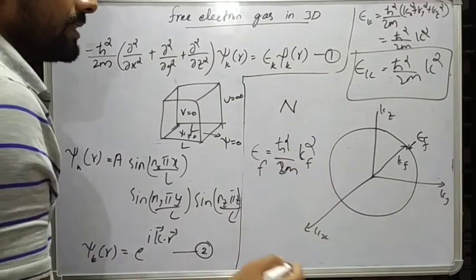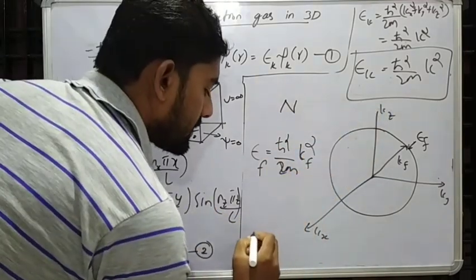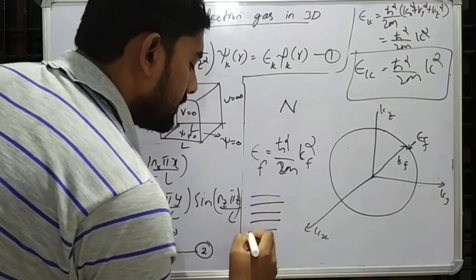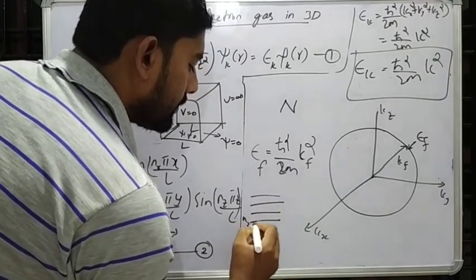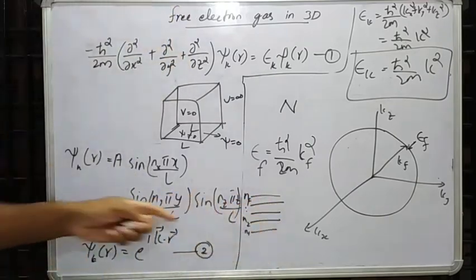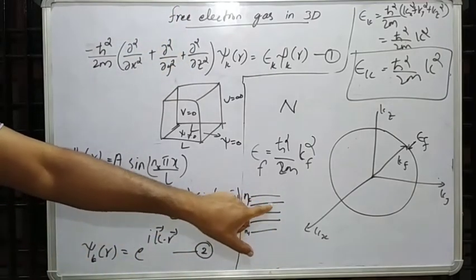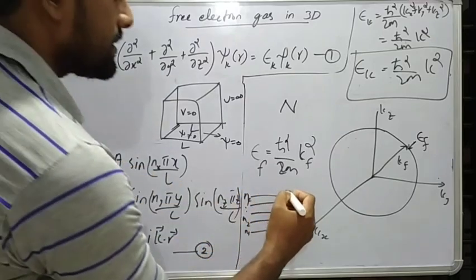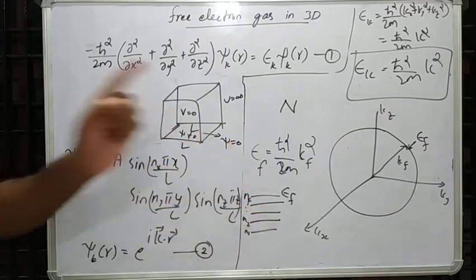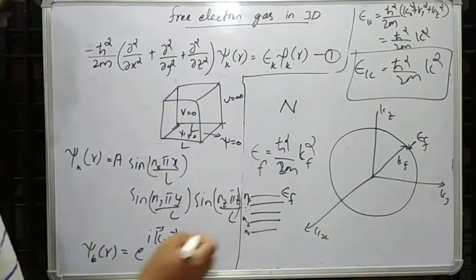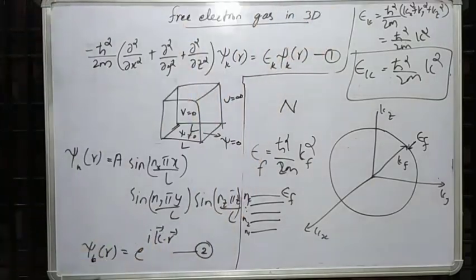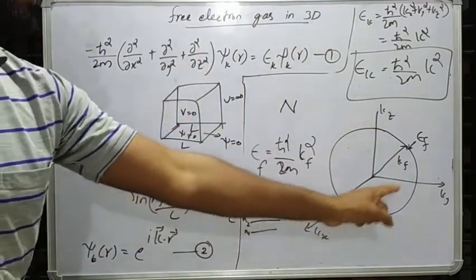actually in one dimension we have represented the energy levels like this, n1, n2, and nF is the topmost level in ground state, and this is the Fermi energy EF. In one dimension we have represented like this, and in 3 dimension we are considering free electron gas in 3 dimension, and we are taking this in momentum space.